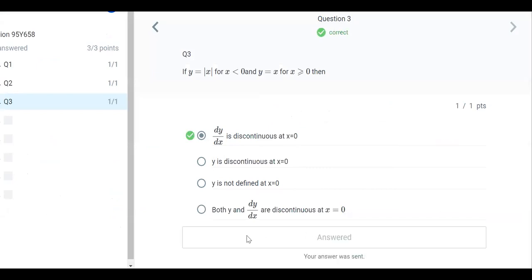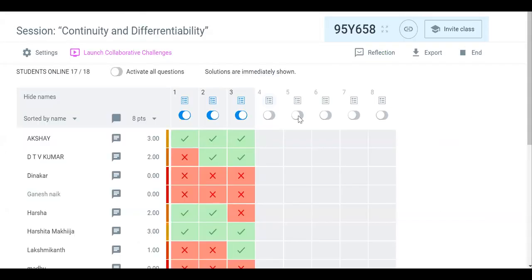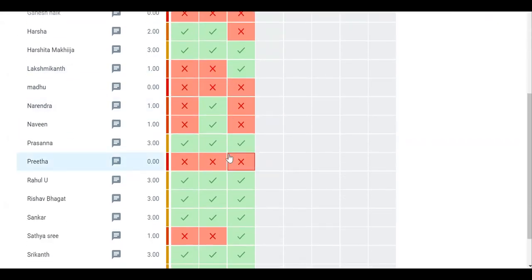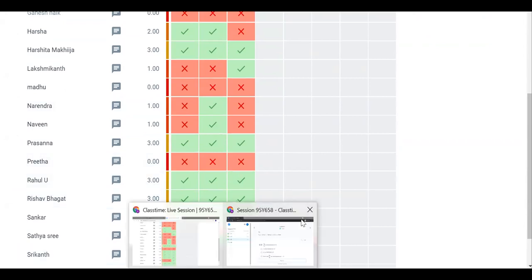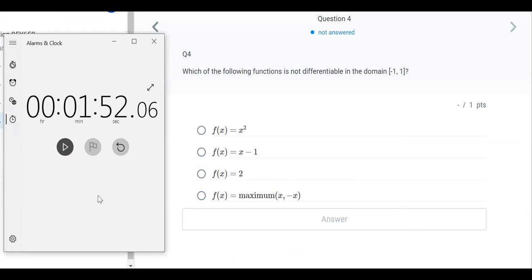So what I'm trying to do with these problems is clear your concepts. Next, let us do the fourth question. Okay, this will take time. I'll give you 3 minutes.